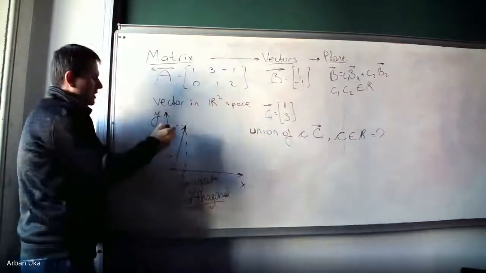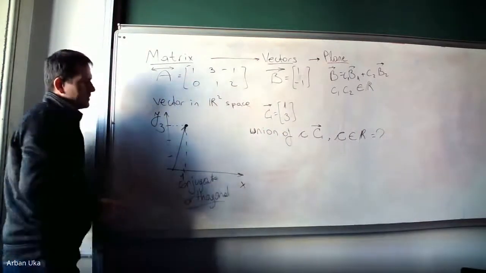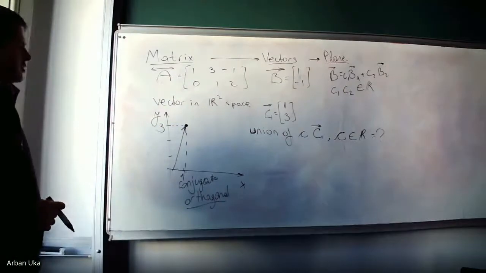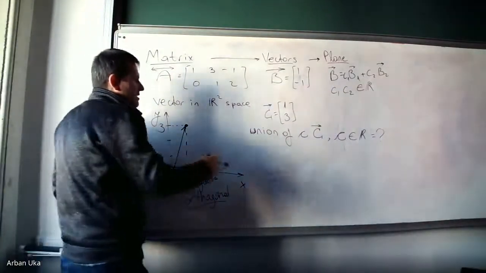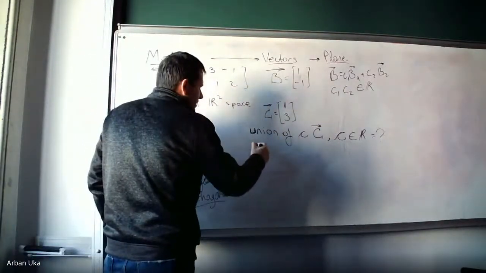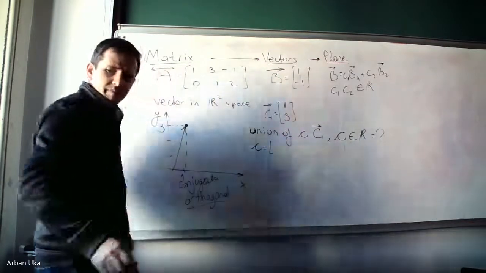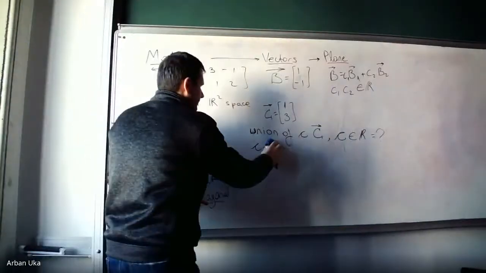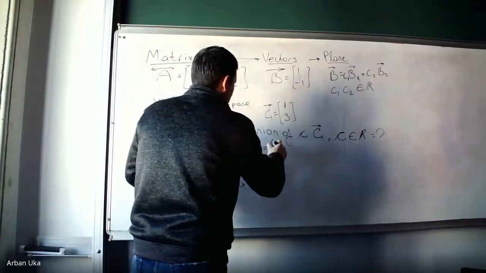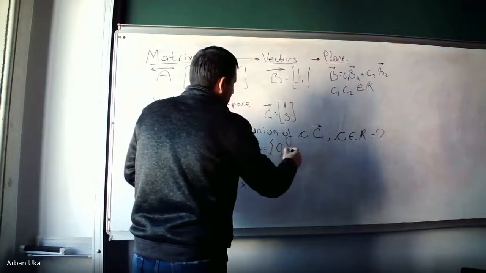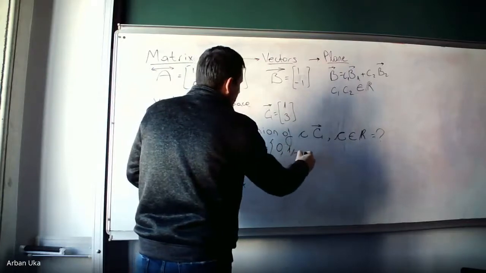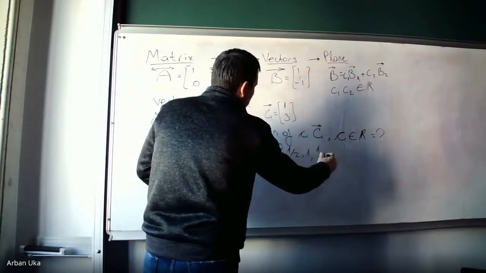So again, what is this vector C? It's just this point. I don't have a different color pen, but it's this point. So let's see what we get here. Let's assume that this constant c is equal to a series of numbers. Let it be 0, 1 over 2, 1, 1/3.